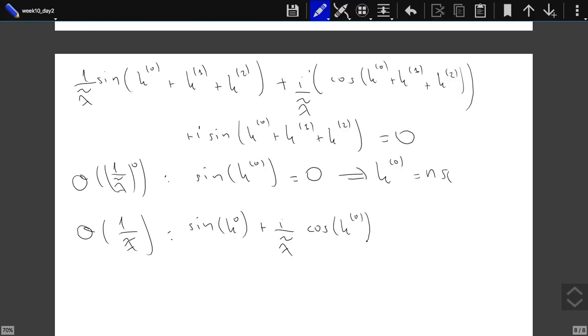And plus I sine of k0 plus k1. This should be equal to 0.